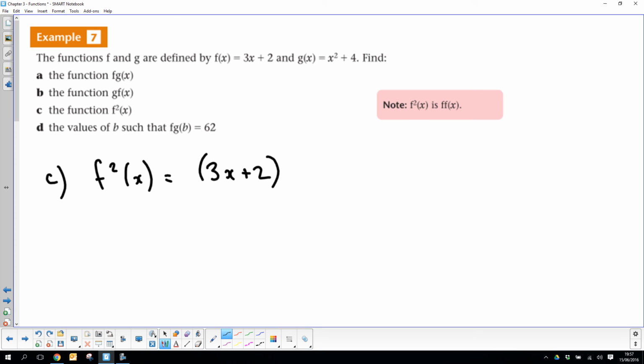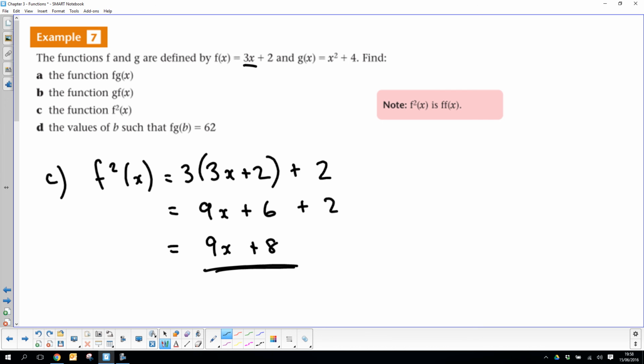So it's going to be 3 lots of this, our output, which becomes our input. So 3 lots of 3x plus 2, and I've done the 3x part there. I still need to add 2 again. So that gives me 9x plus 6 plus the 2. So that is 9x plus 8.